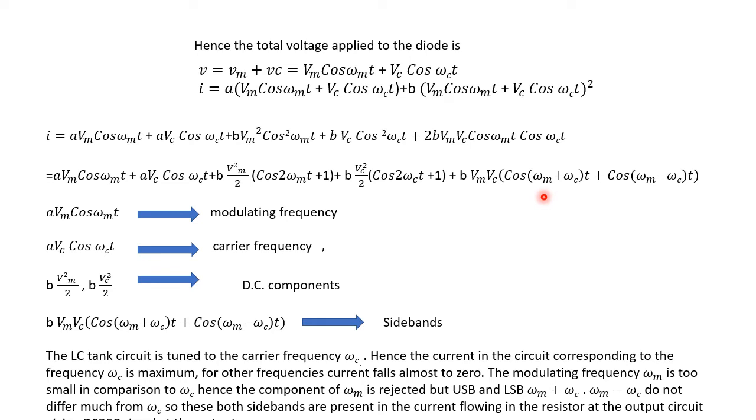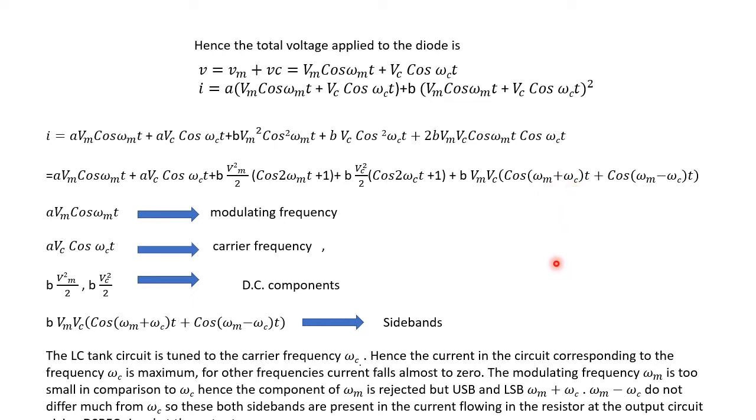Hence, three terms will be present in the output signal: the carrier term, that is A into Vc cos omega c t, because the resonant frequency is equal to the carrier frequency, and the lower sideband omega c minus omega m term and the upper sideband omega c plus omega m term.